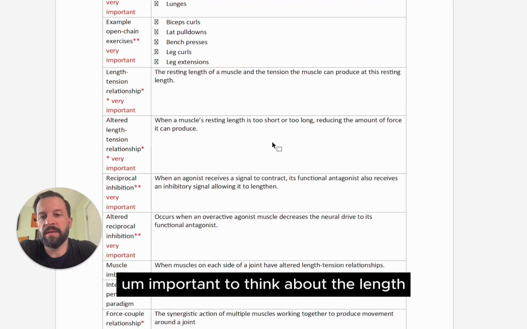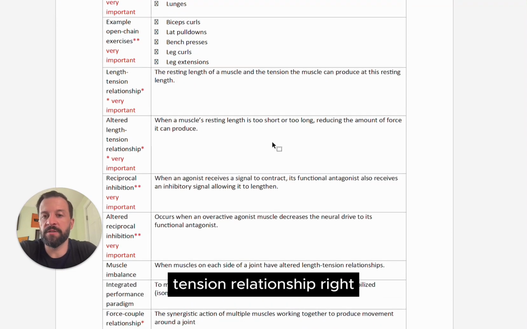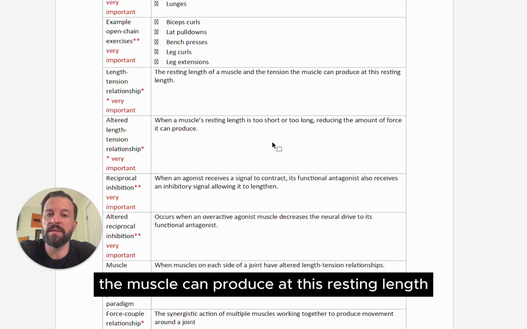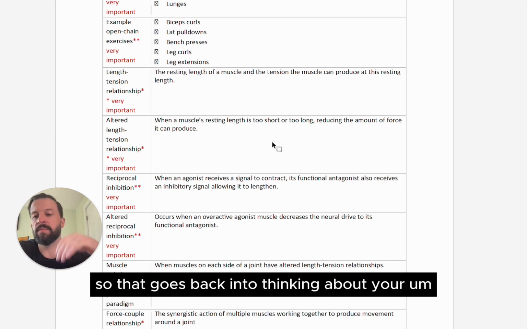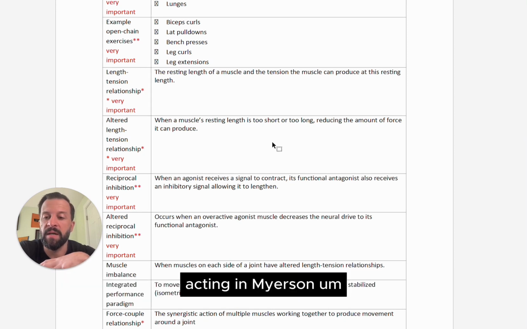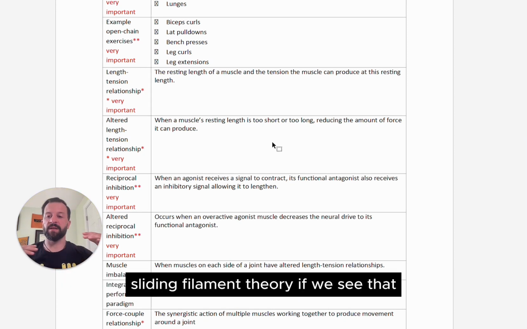Important to think about the length-tension relationship, right? The resting length of a muscle and the tension the muscle can produce at this resting length. So that goes back into thinking about your muscular contractions in the actin and myosin sliding filament theory.